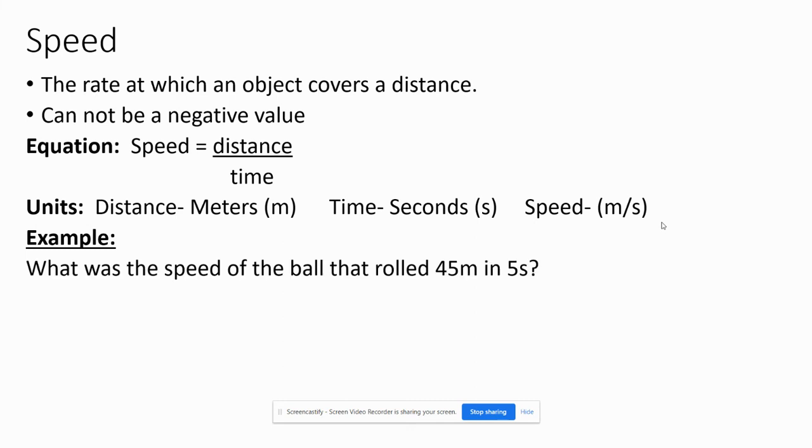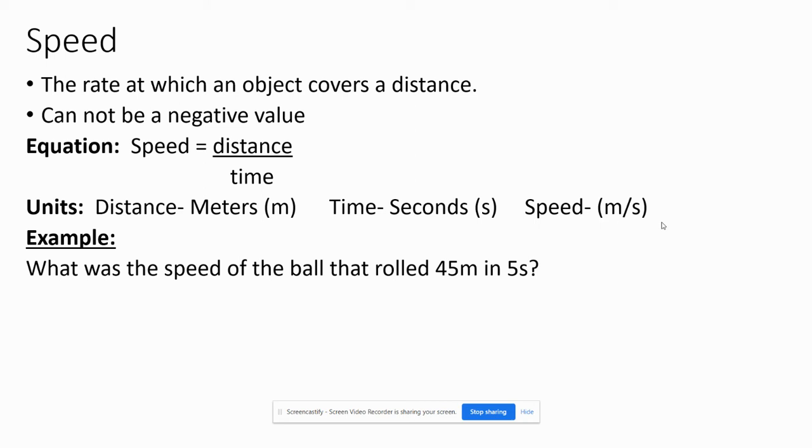Example. So writing it down, what was the speed of the ball? I'm writing it with you so I can solve it with you in a second. What was the speed of the ball that rolled 45 meters in 5 seconds?